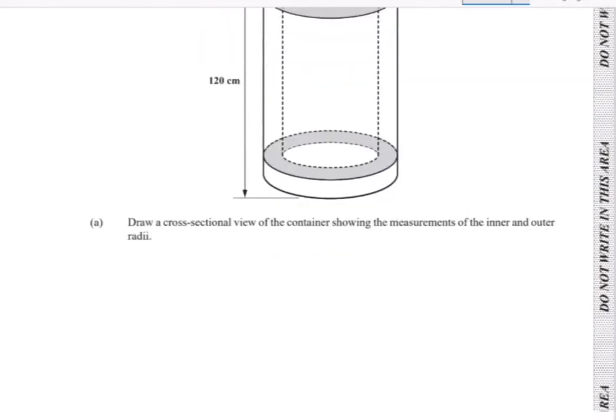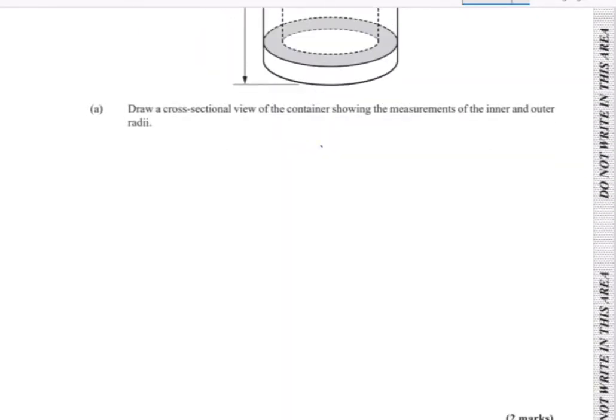So we're going to come down and we're going to draw two circles. You would be expected to use your compass to draw a proper circle, and then you would have your center, and then inside of that you go again and draw a second circle.